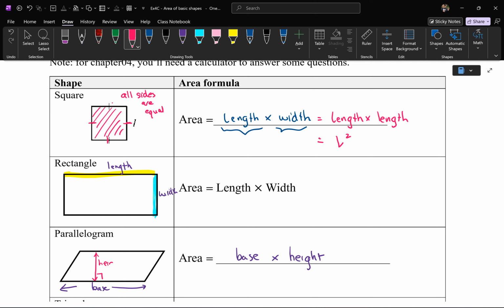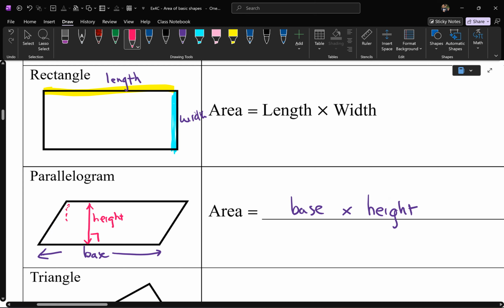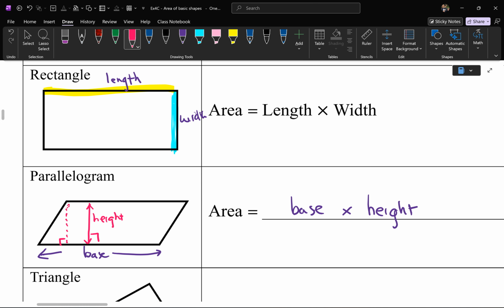This is your height. And the reason why it's base times height, for those who haven't realized, is that if I chopped off this bit, if I literally cut this down, that makes a 90 degrees here. If I took that triangle, it fits perfectly over here, because in a parallelogram, this angle is exactly the same as this angle. So the height should match here.